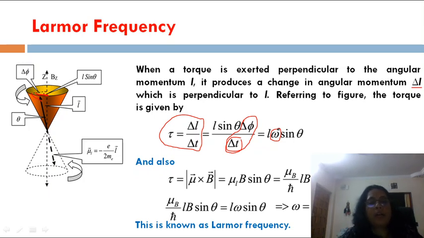And as the torque, earlier we considered mu cross B, therefore it is mu L B sin theta. What is mu L?